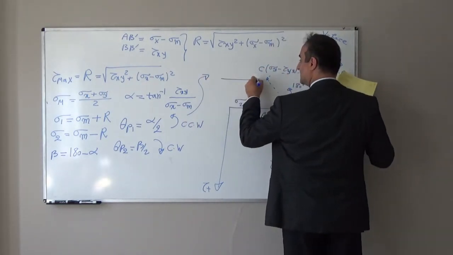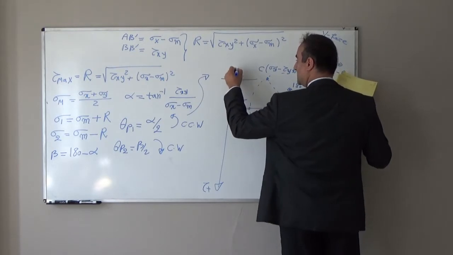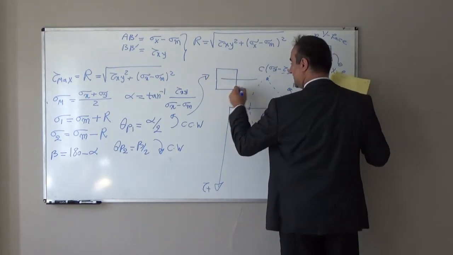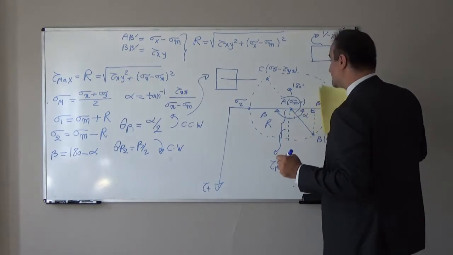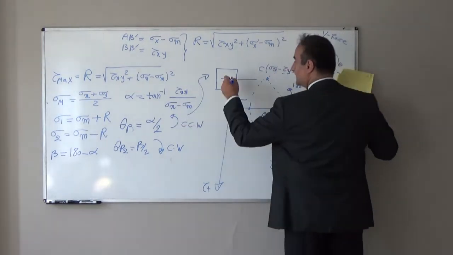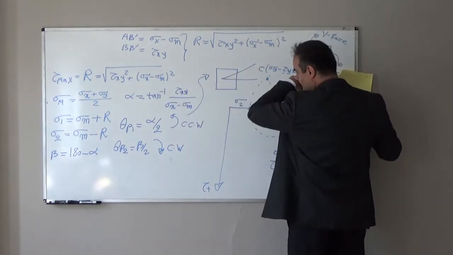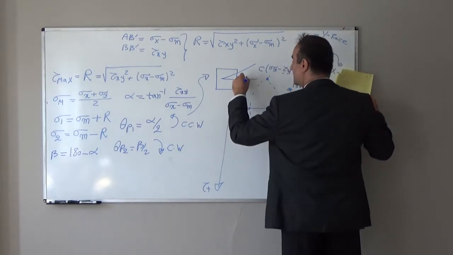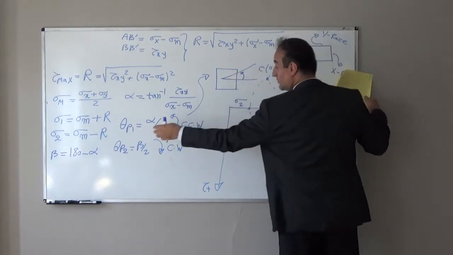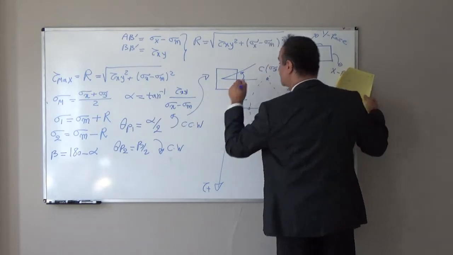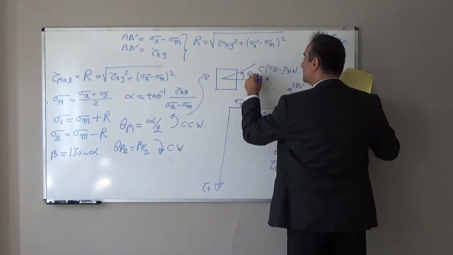This is initially our element. We should rotate that counterclockwise by alpha over 2, or theta p1, which is equal to alpha over 2.